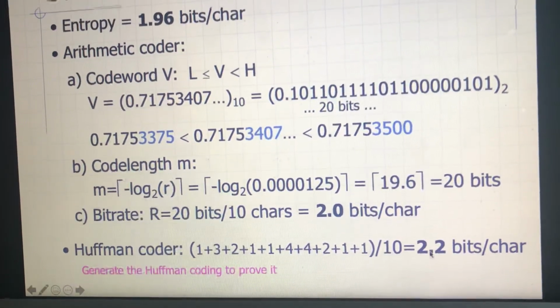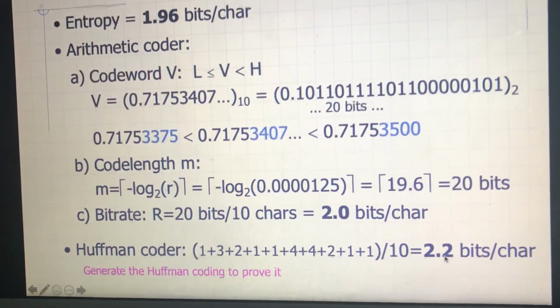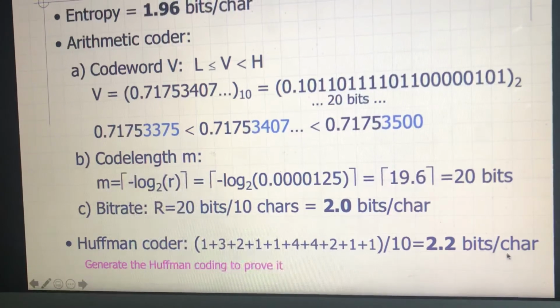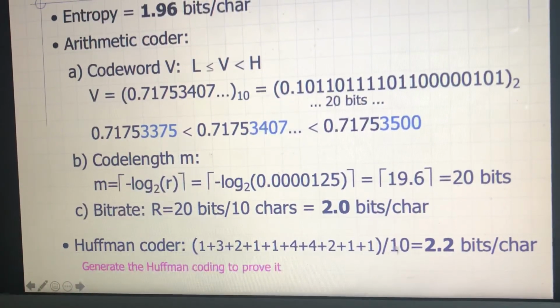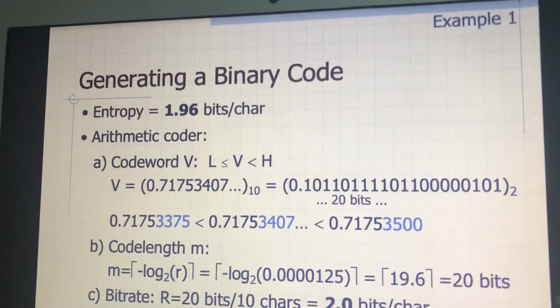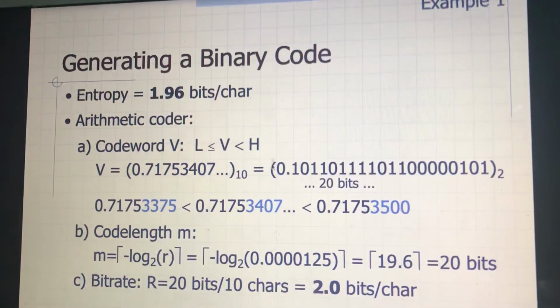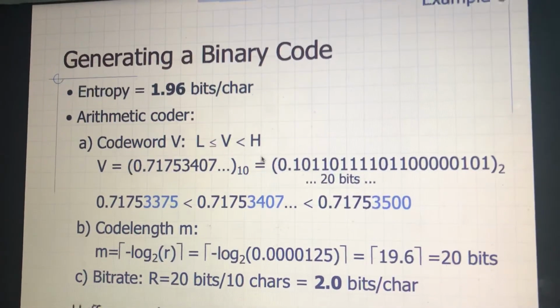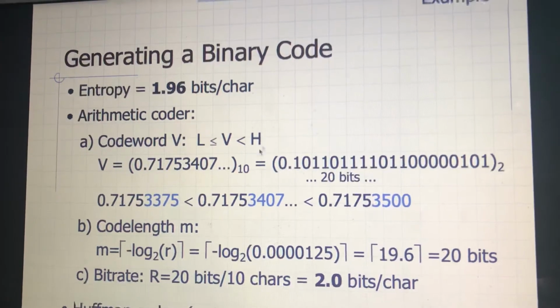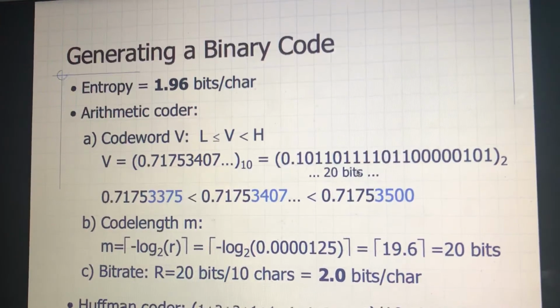Okay, although the number of bits is less, if you multiply by a certain number of characters, then the size will be larger. So this will be the output, the encode of Swiss miss.